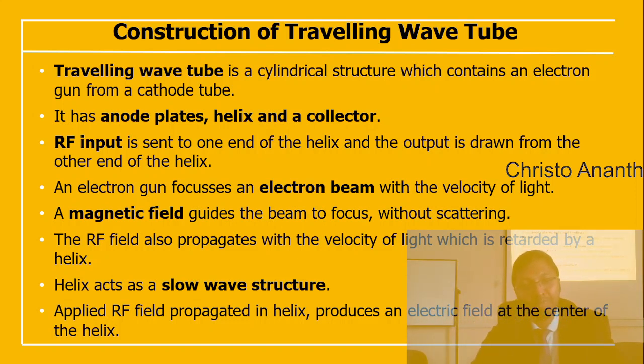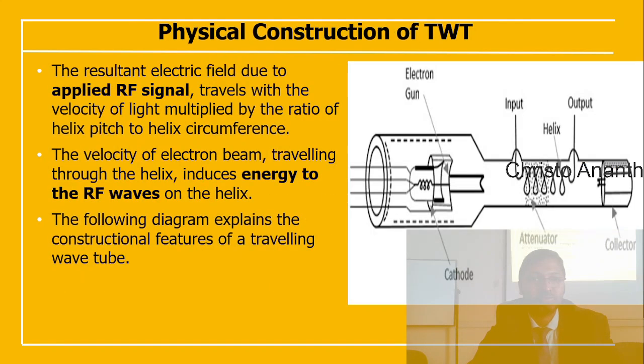The applied RF field propagated in the helix produces an electric field at the center of the helix. The resultant electric field due to this applied RF signal travels with the velocity of light multiplied by the ratio of the helix pitch to the helix circumference. Here, if you can see, the electron gun, we have this cathode.